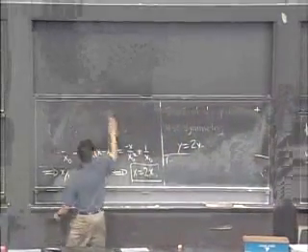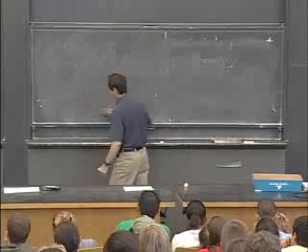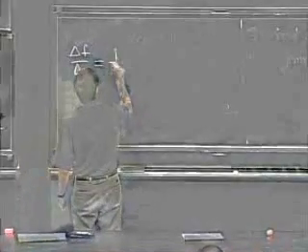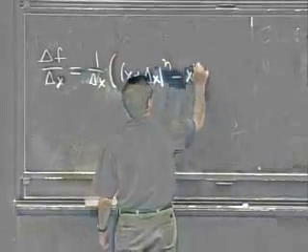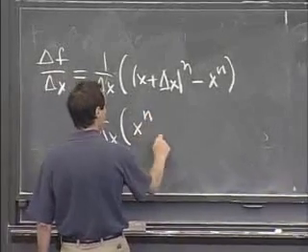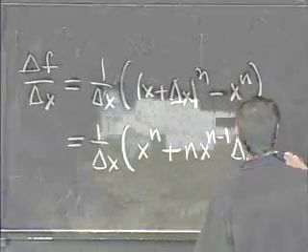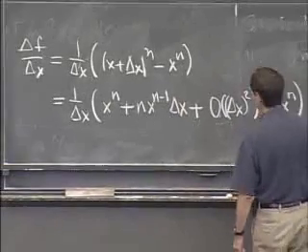So now I'm going to just carry out the cancellations that we need. So here we go. We have delta f over delta x, which remember was 1 over delta x times this, which is this, times, now this is x to the n plus n x to the n minus 1 delta x plus this junk term minus x to the n.